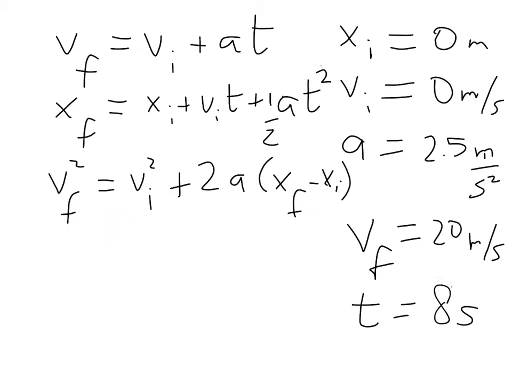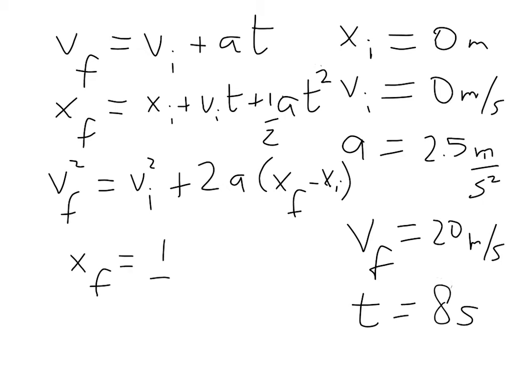So we should use either this equation or this one. In fact, we could use either one of those. Let's go ahead and try using this equation. In this case, we are already trying to find x final, so we don't need to rearrange the equation. Instead, we'll just go ahead and plug in numbers. Luckily for us, x initial is 0, v initial is 0, and so we only have to evaluate this term, 1/2 at squared.